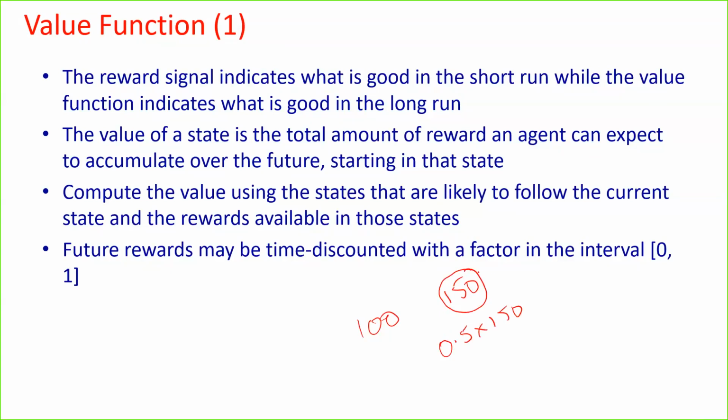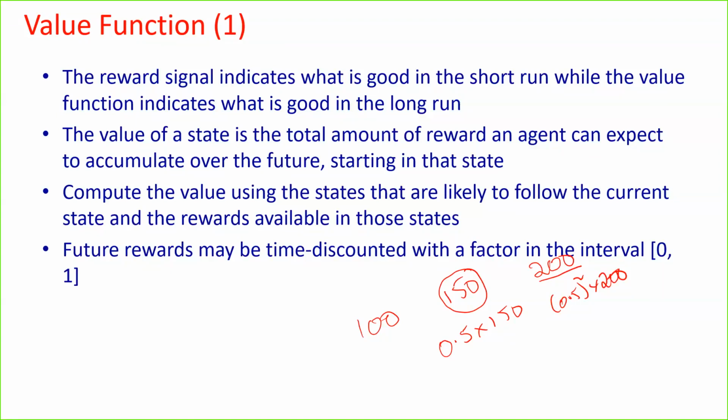And let's say the next reward is 200. You need not take the full 200; it can be time discounted by taking 0.5 squared times 200. Like this, future rewards are time discounted. It means you are assigning a smaller weightage than the expected reward. So rather than taking the actual estimated reward, you are taking only a part of it, because we don't know what the future is.